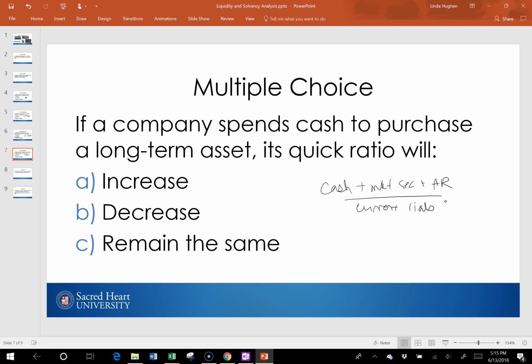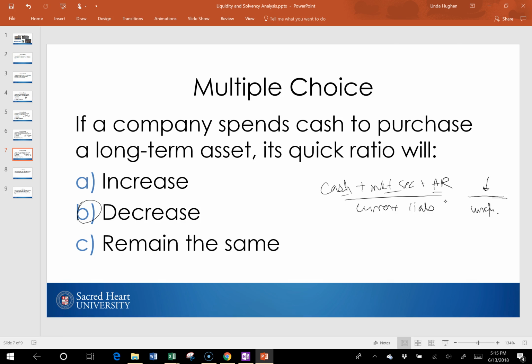We can see here current liabilities are unchanged. Accounts receivable are unchanged, marketable securities are unchanged, but cash goes down. So our numerator decreases, our denominator is unchanged. And so our quick ratio is going to decrease, B.